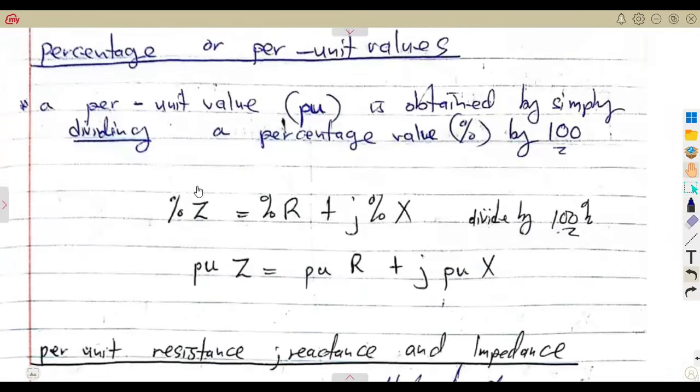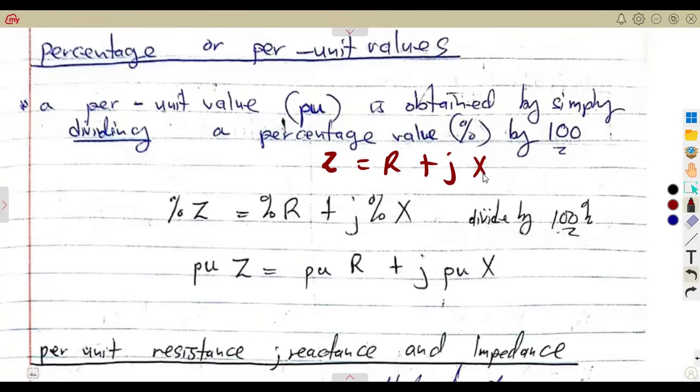Then from there, we are going to be talking of the percentage or the per unit values that are important as we talk of the percentage impedance. Remember, the impedance on its own is being taken from the resistance plus jX.